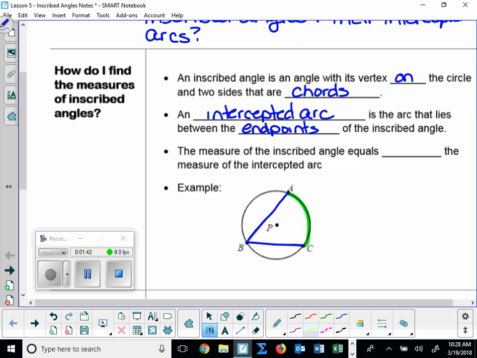The measure of the inscribed angle equals half the measure of the intercepted arc. So that means the measure of angle ABC equals 1/2 the measure of arc AC. Now that's the formula I memorized that deals with this.